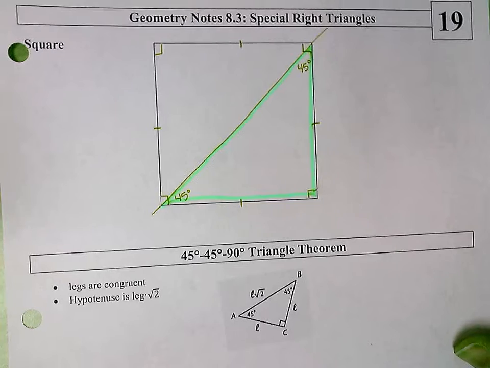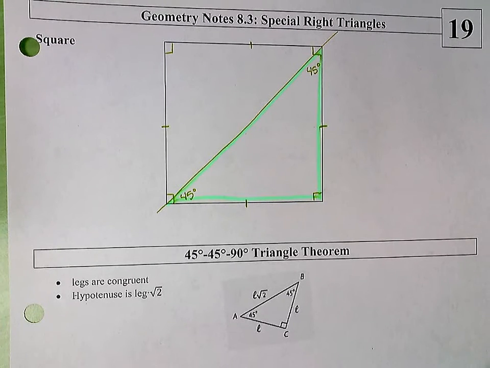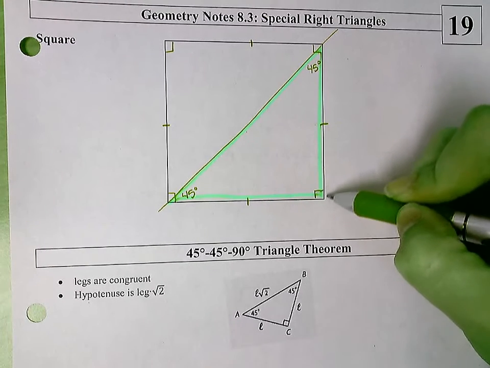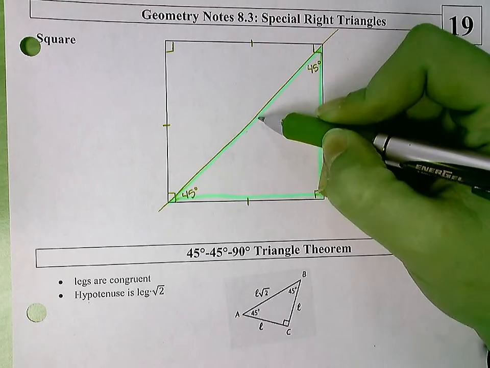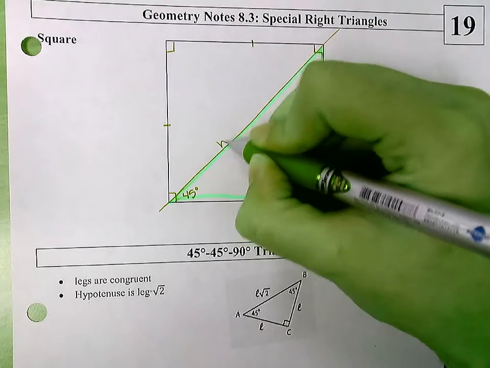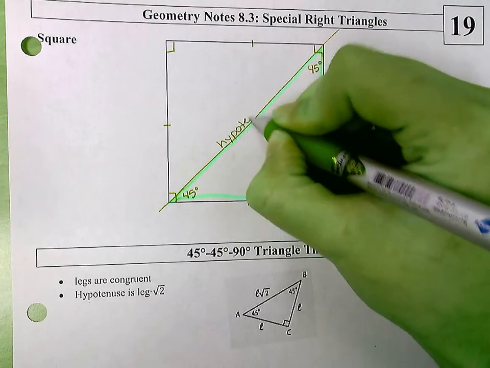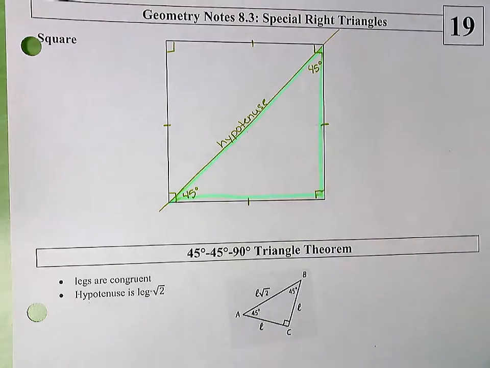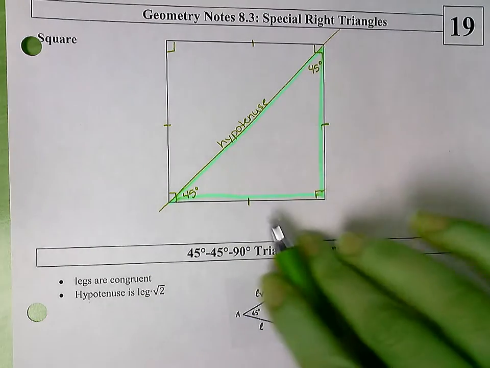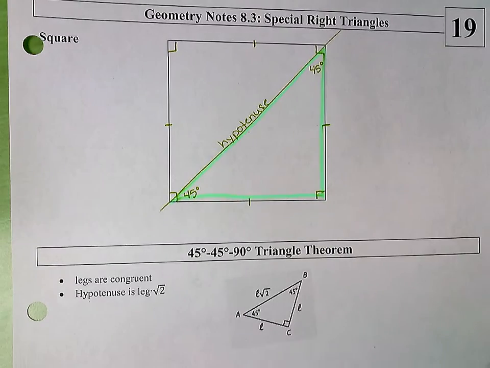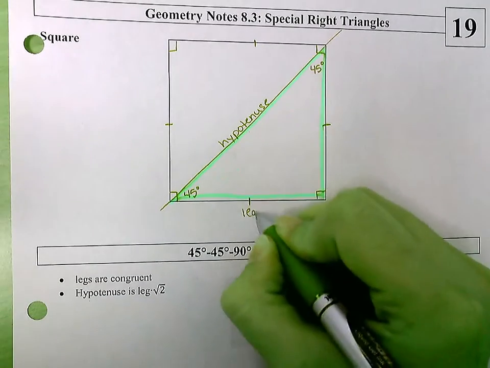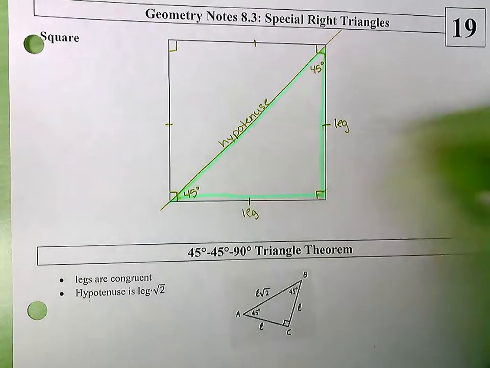All right, from here I'm going to label my right triangle. Opposite that 90-degree angle, that side is the hypotenuse. Okay, and the other 2 sides are your legs, right? So we have one leg here and one leg here.